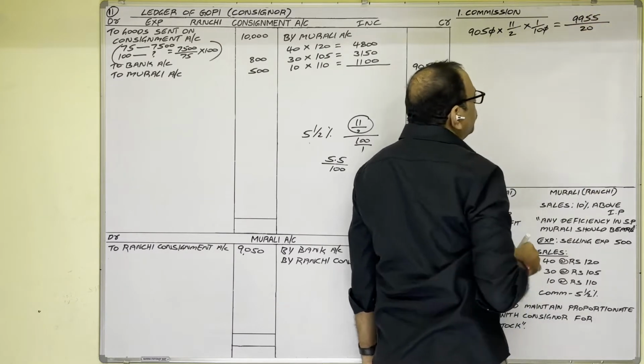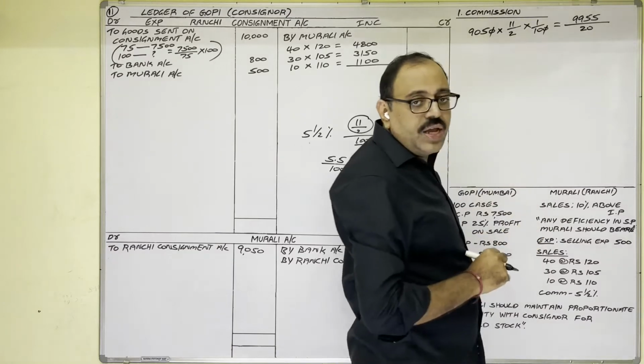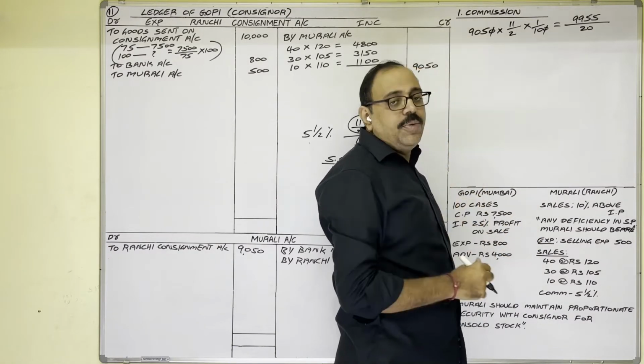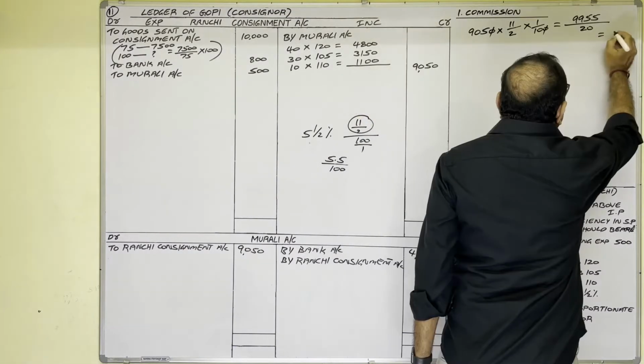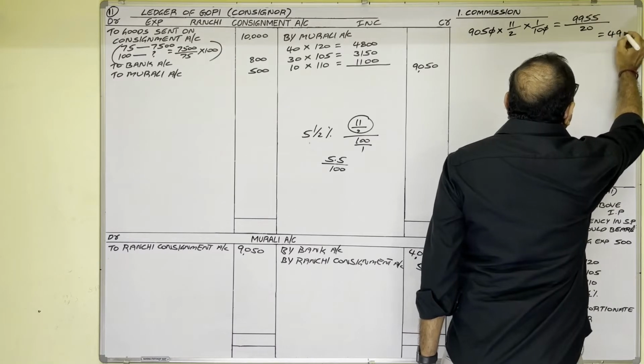This we have to do, 497.75 comes. So 498 I am taking. Round figure is equal to 498.